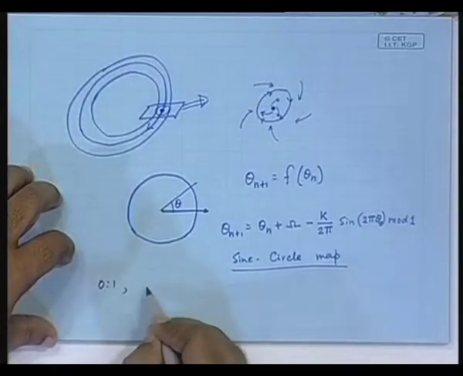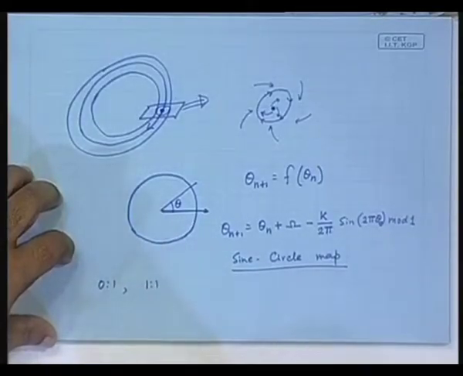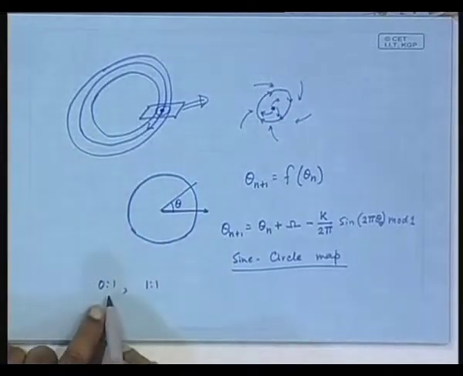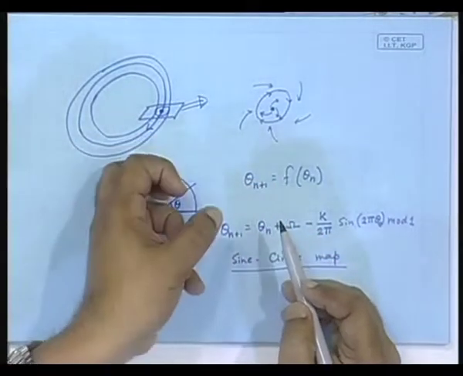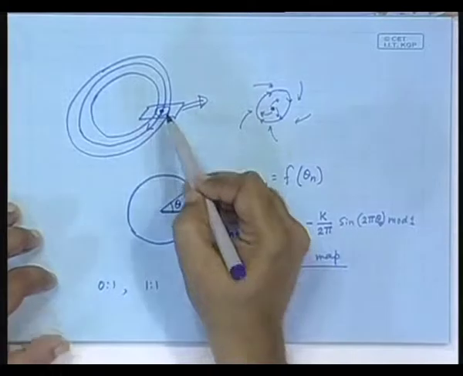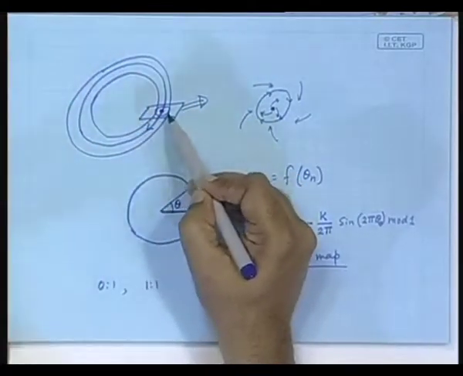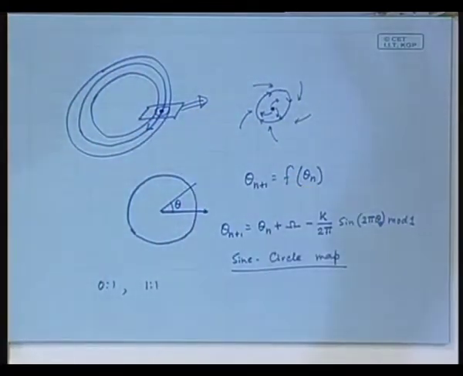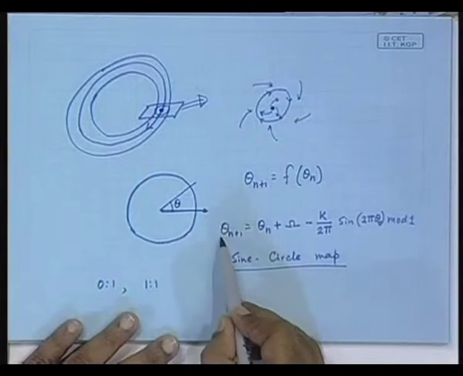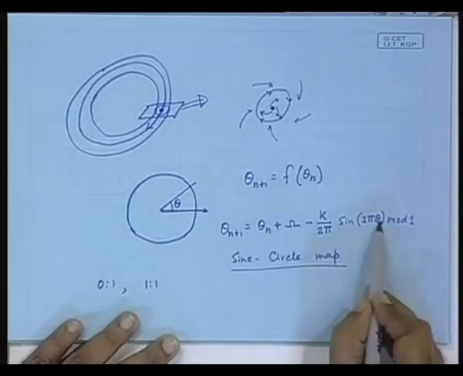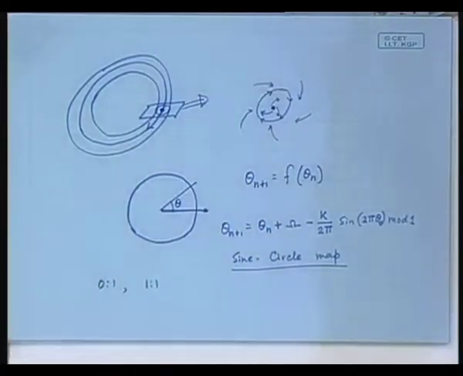What would represent the 0 to 1 mode locking? The condition where it does not at all rotate in the small circle. So, it goes around the big circle and comes back to the same point, which means nothing but a period 1 fixed point. Okay. So, to find out the condition, we had set this equal to theta star, solved it, and we obtained the condition.